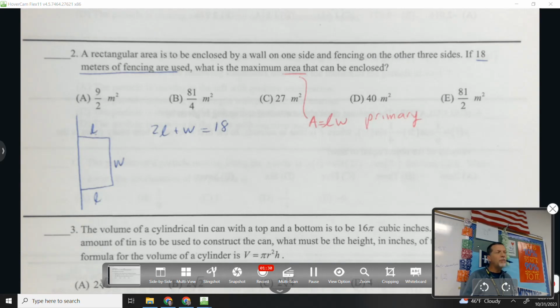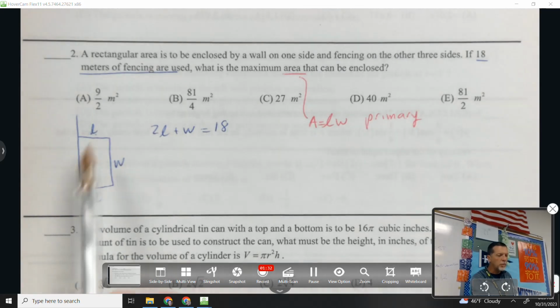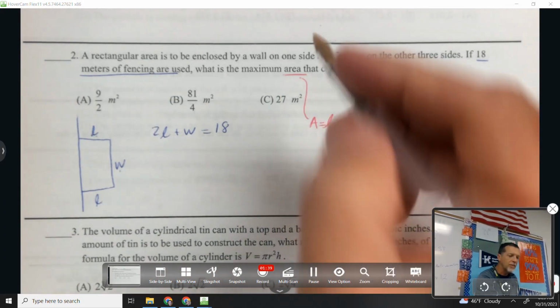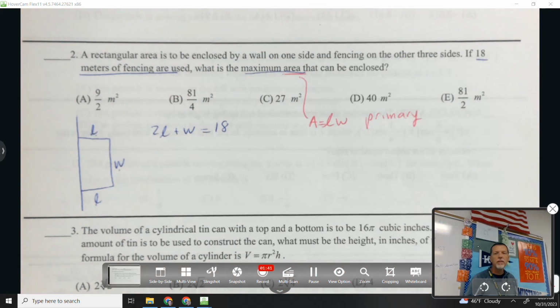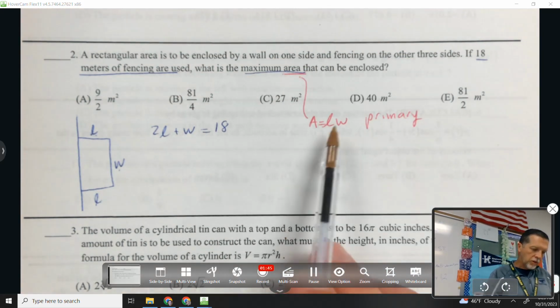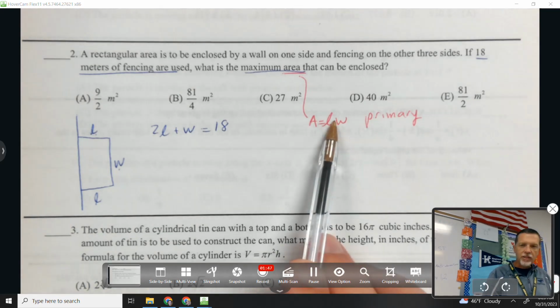And if you set this up different, if you call these W's and this L, obviously we're going to have different things going on in the middle, but you're still going to land with the same maximum area. Okay, so I want to take a derivative of that, but not yet because there's 2 variables.